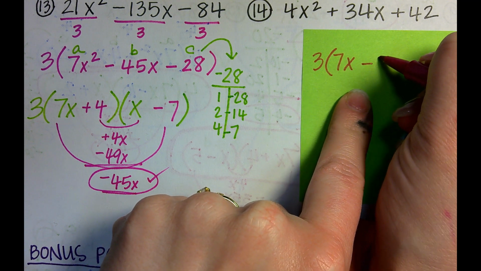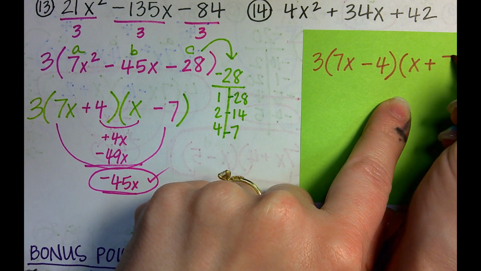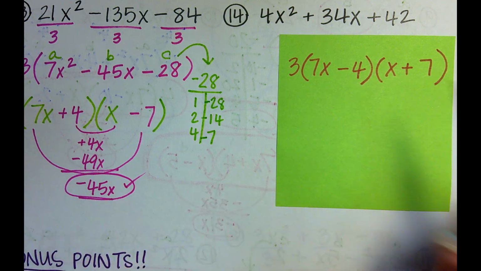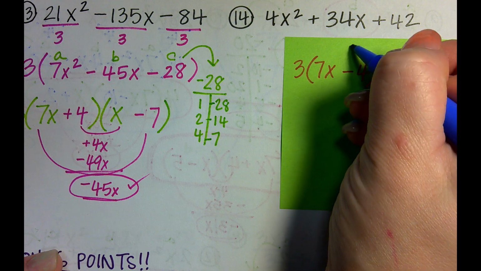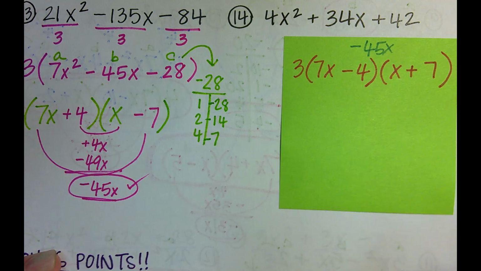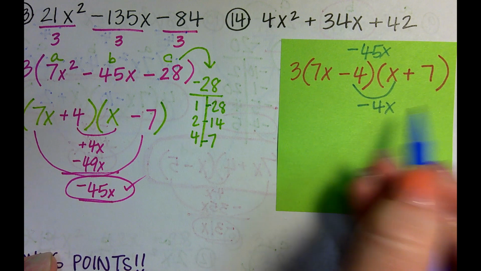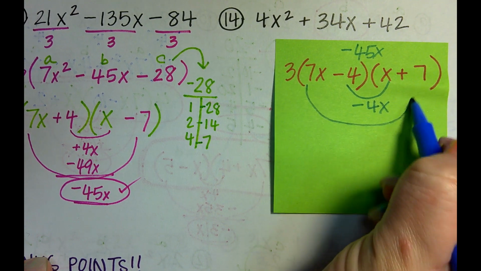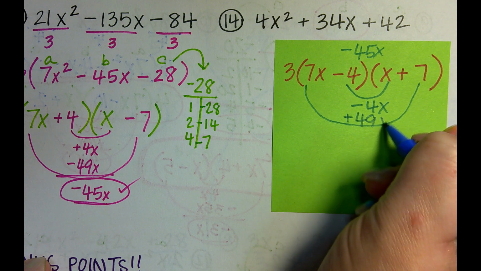What if we switch it? Okay, here's what would happen. If you had 7x minus 4 and then x plus 7, here's what would happen when we do the rainbow method. We know that it needs to add up to negative 45x because that's our middle term. But whenever we check it, we've got negative 4 times x, which is negative 4x, and then 7x times positive 7, which is positive 49x.